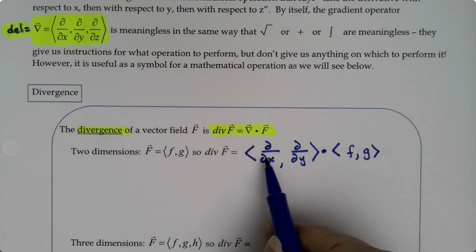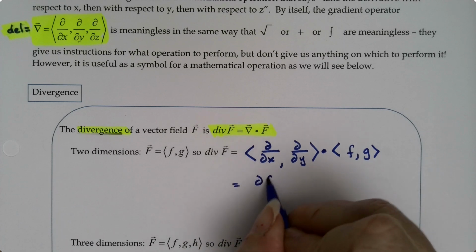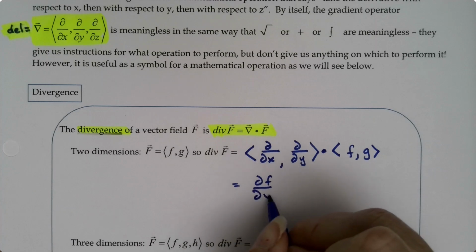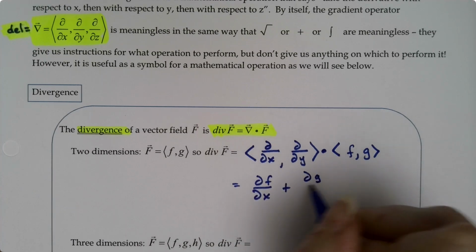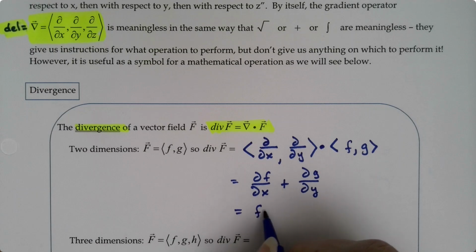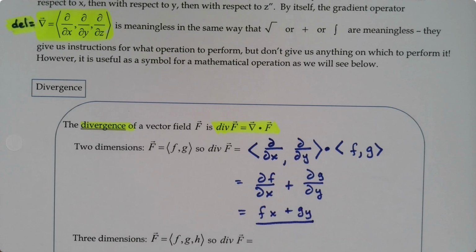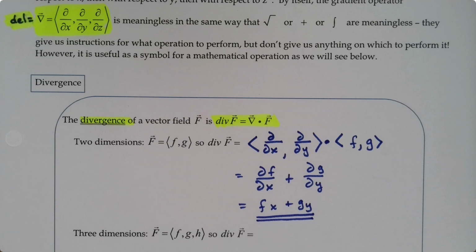When we take the dot product, we take the partial with respect to x and multiply it by f. So that would be partial f over partial x plus partial g over partial y, or in other words, it's fx plus gy, which is what we already knew from the previous section. That was the 2-dimensional divergence that we had written in our Green's theorem.